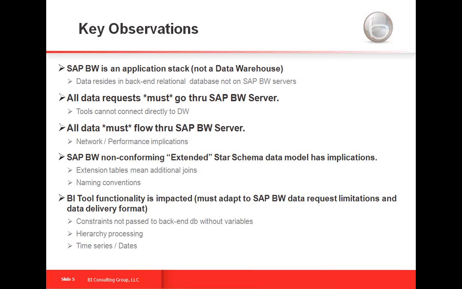When you retrieve data, even if you're not doing any manipulation, the data is retrieved from the extended star schema in a typical flat format. If there's any other processing that needs to be done based off of definitions in the SAP BW server, like calculated fields, it would do that. But even if there isn't, it still has to travel that extra pipe, and convert that into an XMLA format and then pass it back to the tool.